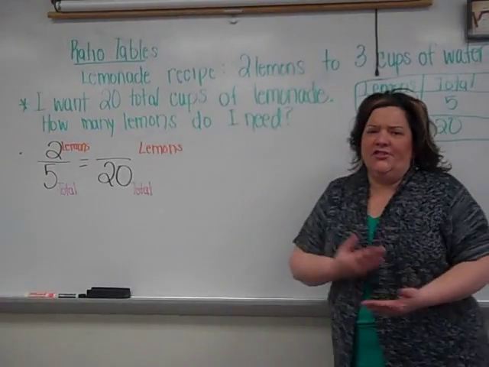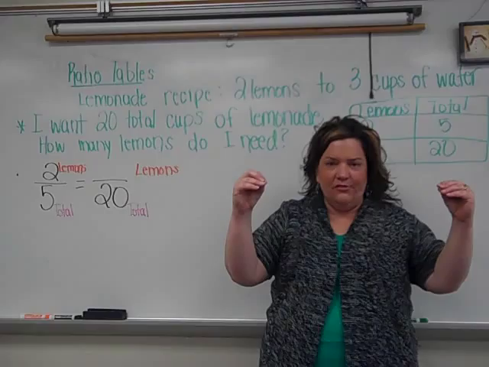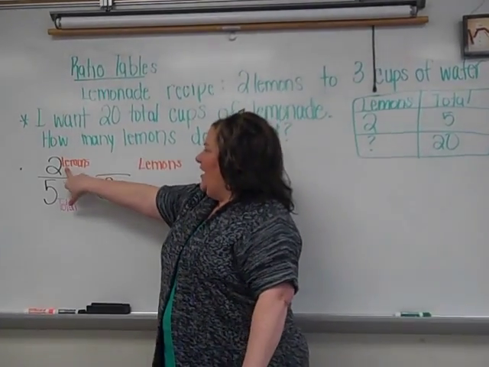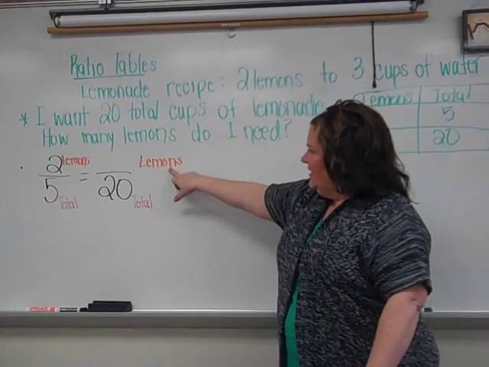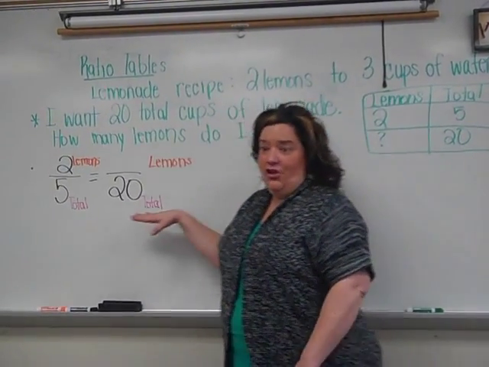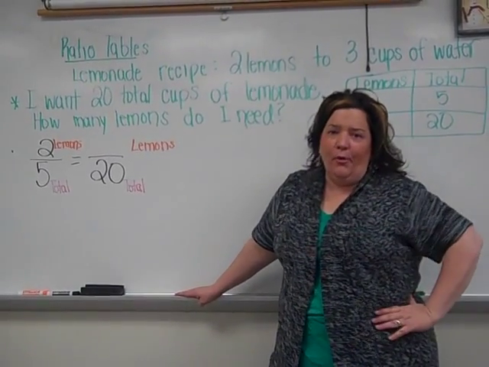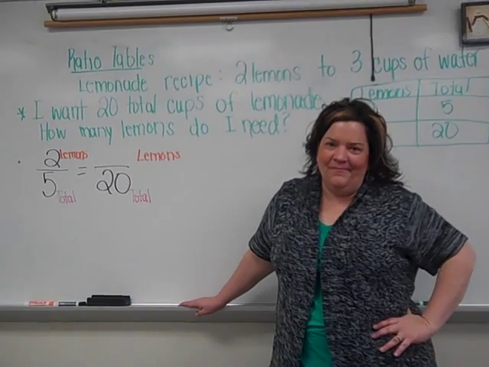A really important thing to do, children, is you have to make sure your units of measurement are across from each other. So here I have lemons to lemons, and the total cups to the total cups. That's an important part of setting up your proportion or your equivalent ratio.